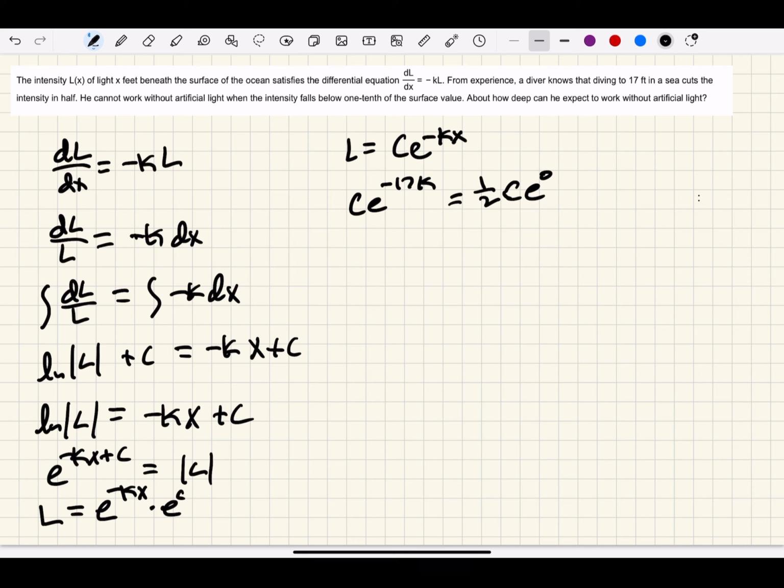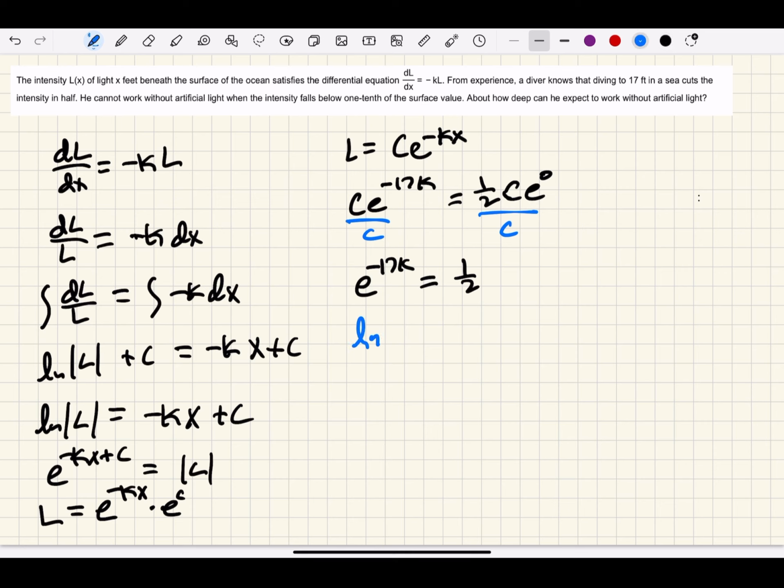On the left-hand side, we have the expression of the intensity of light when x is 17, and on the other side, we have expressed the intensity of light as half of that when x is 0. We could divide both sides by c, and we would wind up with e raised to the minus 17k equals 1/2, as e to the 0 is 1.